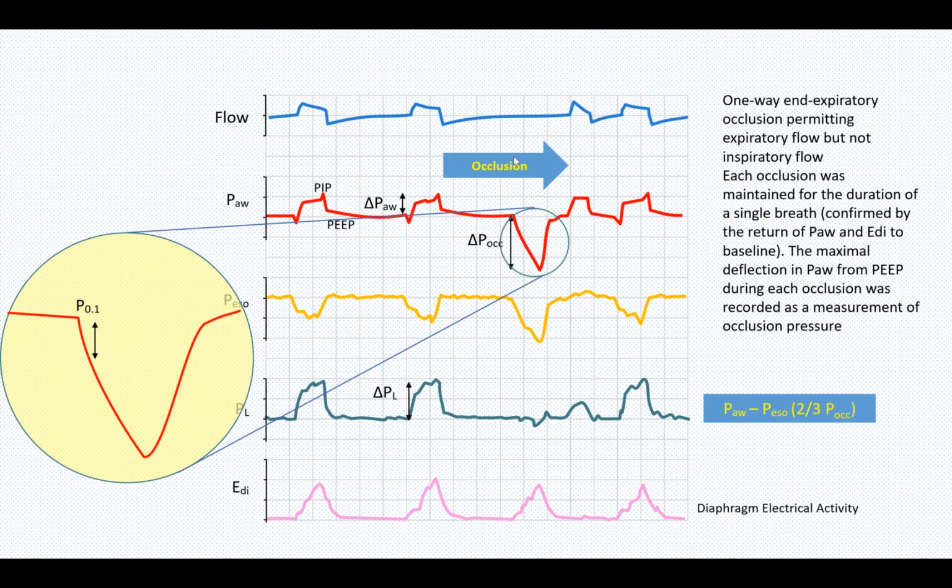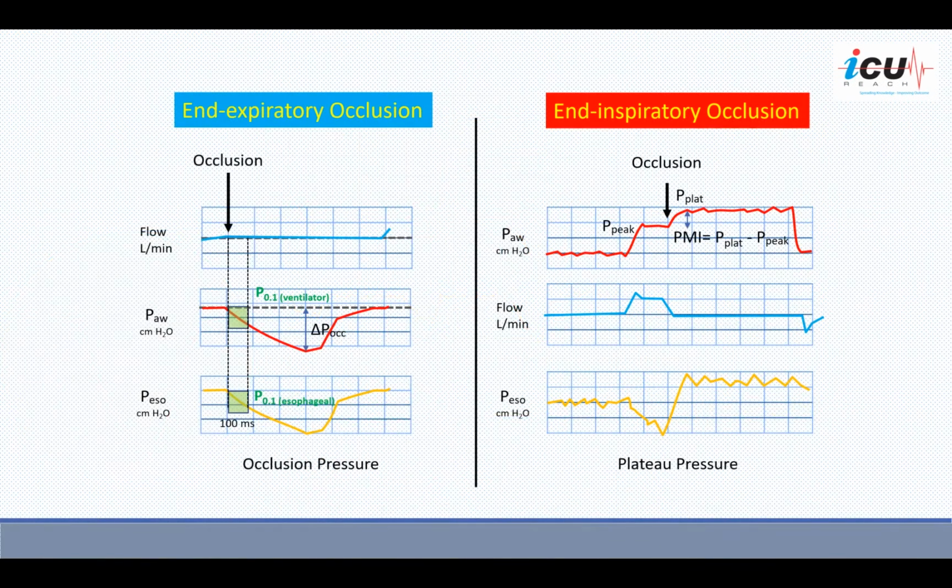So now let's magnify this occlusion maneuver that we did for the patient. And today we're going to be interested in the first 100 milliseconds of that occlusion pressure. Now, this can be done either in a patient who has just pressure tracing, or it can be done also if we have esophageal pressure tracing.